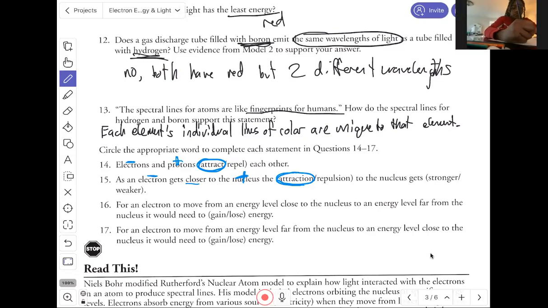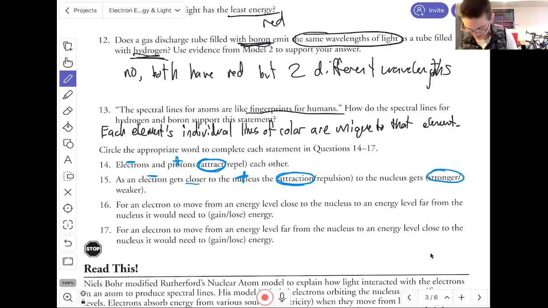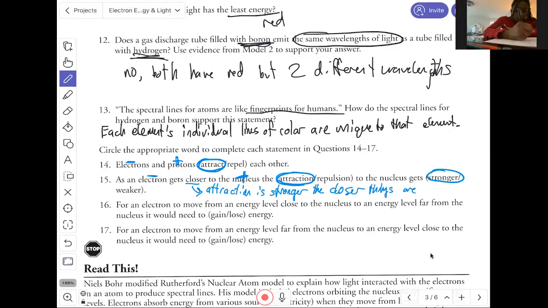All right. Attraction is stronger the closer things are. Right? If you're trying to hang something off your refrigerator, a magnet that is only holding one piece of paper, so it's only one piece of paper away from the refrigerator, is going to be much stronger than a magnet that is trying to hold 10 pieces of paper because it's 10 pieces of paper farther away.